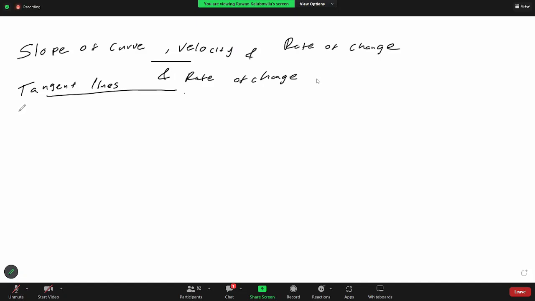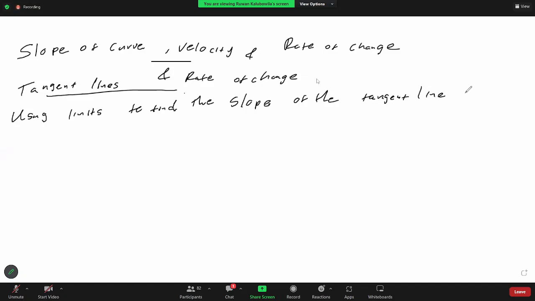Let's take, actually we learned this at the beginning, right? Using limits, find the slope of the tangent line to a curve at a point.